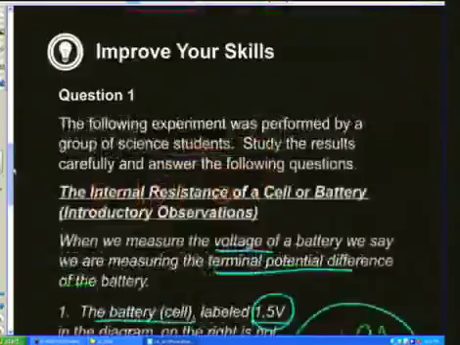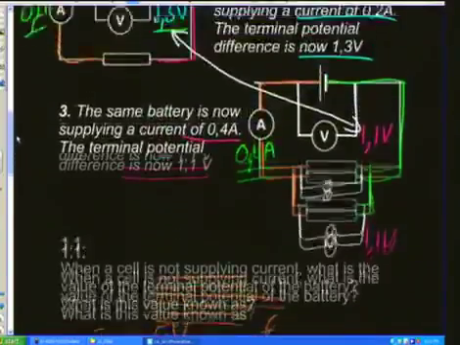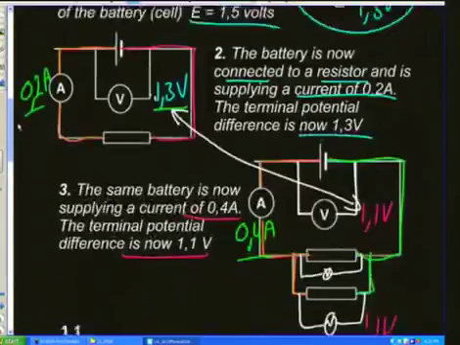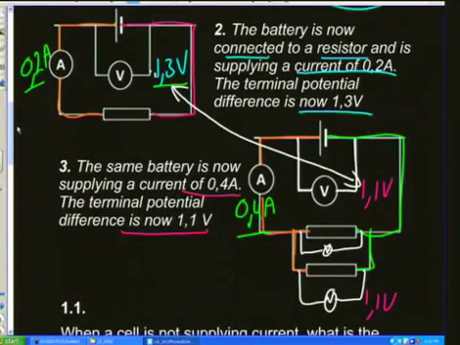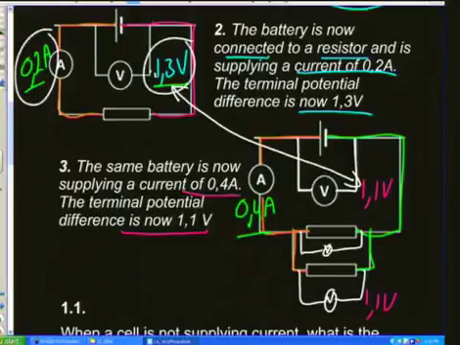I'm going to choose this one over here, where the current was 0,2 amps and the V load was 1,3, because there's a single resistor, and it makes it just a little bit easier. We don't know what that resistance is, but I don't think we really need it.